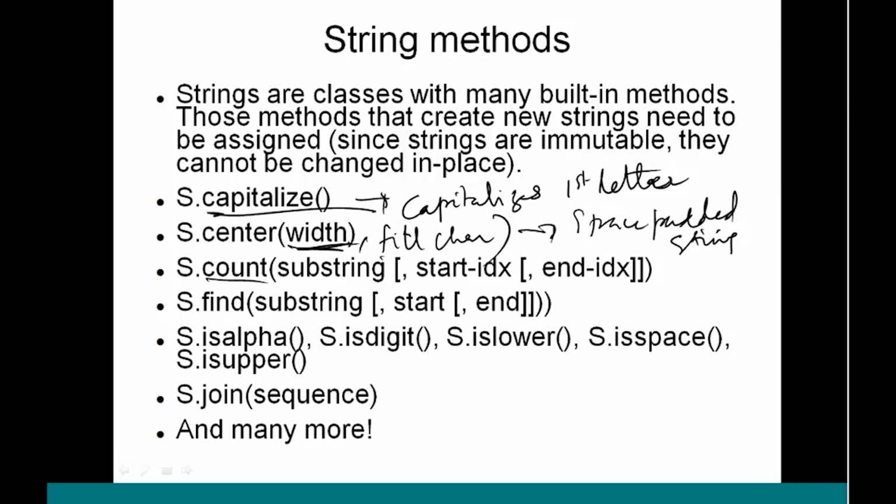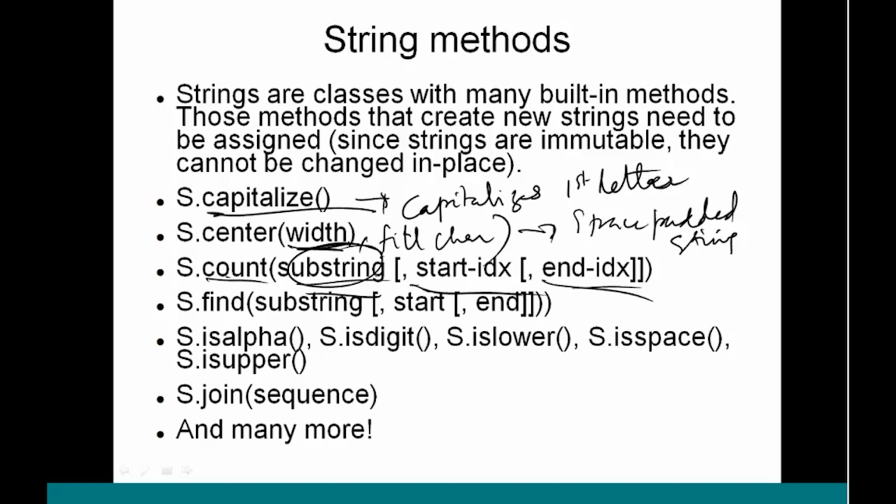Now we can also say count. We give a substring, a start index, and an end index. Here it counts how many times this substring occurs in the string, or in a substring of the string if the beginning and ending index are given. So these are two optional ones.